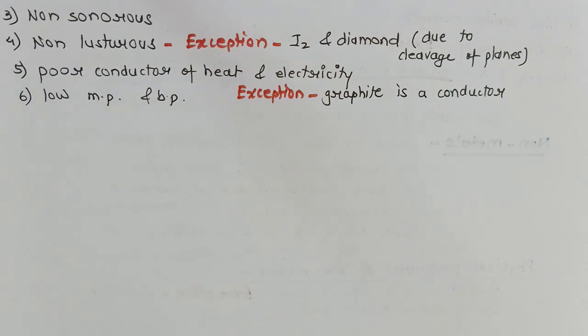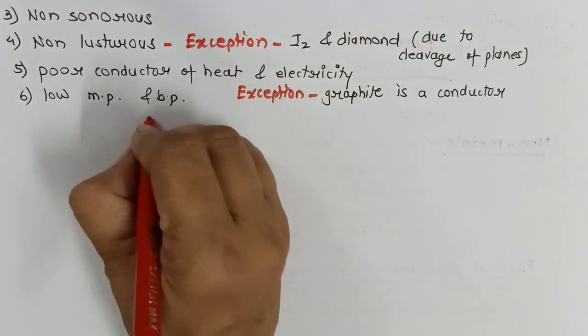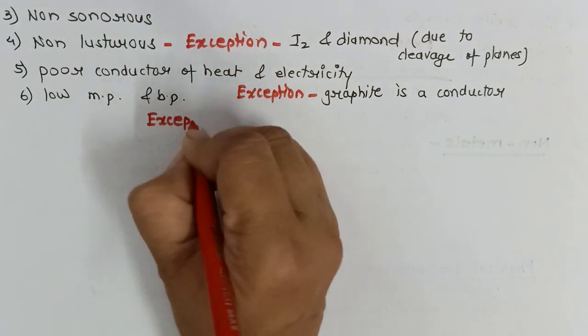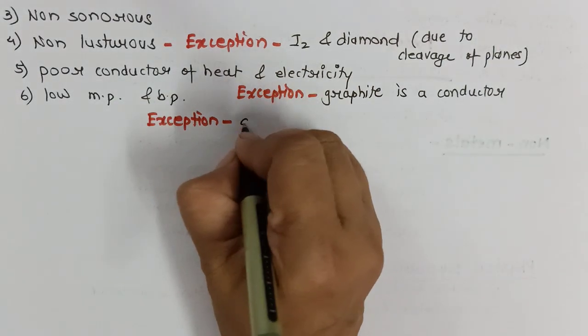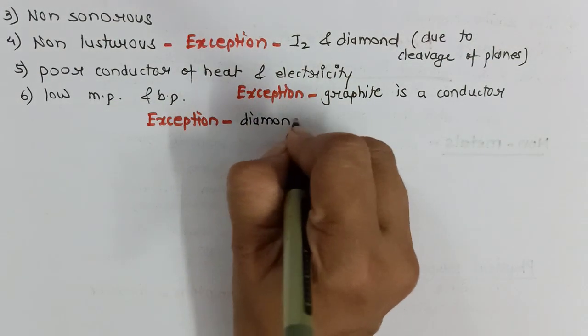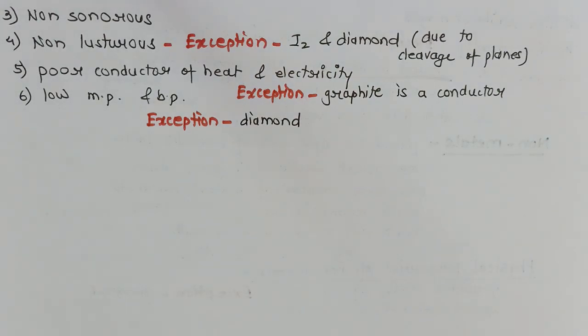Non-metals have low melting and boiling points. Again here the exception will be diamond. So in this topic we have discussed all differences between physical properties of metals and non-metals, as well as the differences between chemical properties of metals and non-metals.